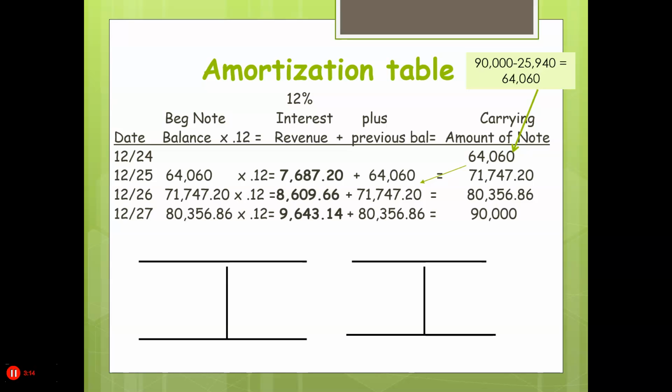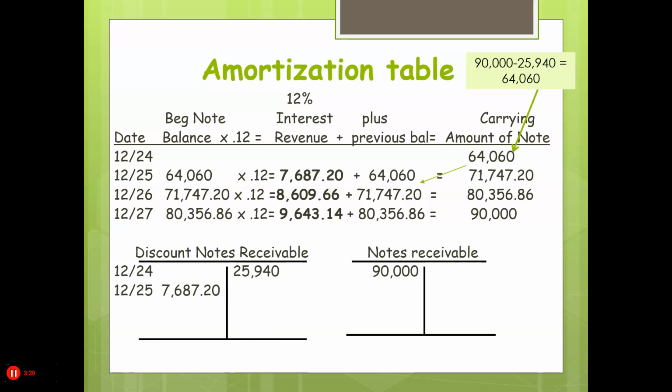Remember, interest revenue is going to go up because the net value of the note is going up as you're writing off the discount. So you start with $25,940 and you're slowly decreasing it until both accounts, when it's paid, equal 0.